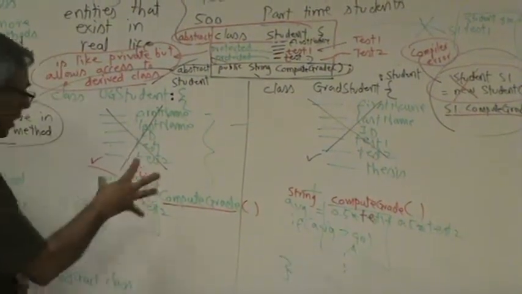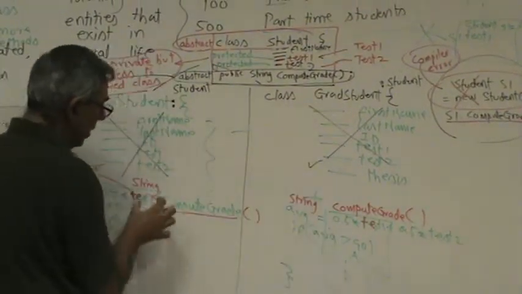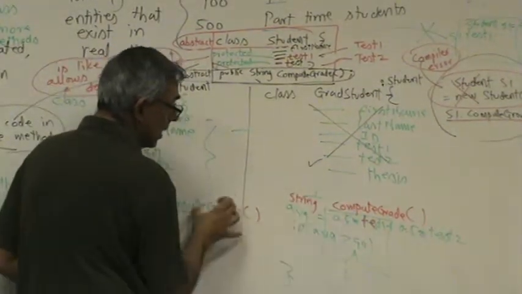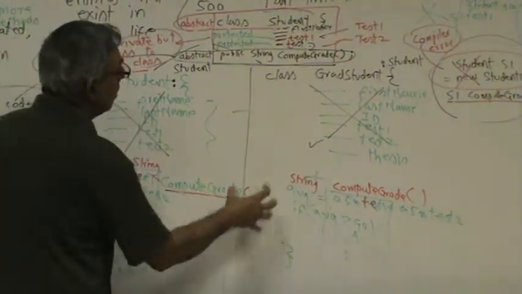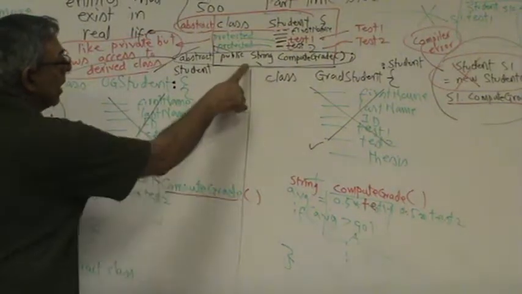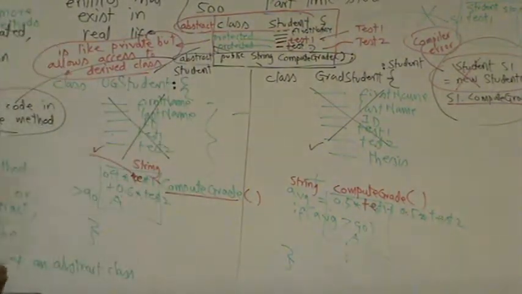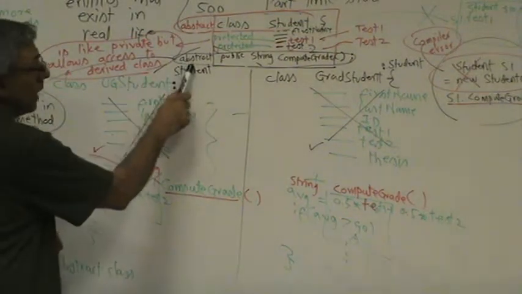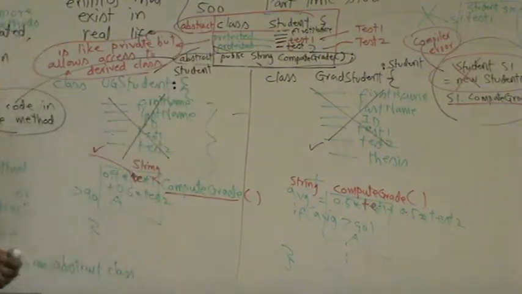But if the code is different, but the signature of the method is the same, then you'll move it to the base class and mark it as abstract. As soon as you mark the method abstract, the whole class has to be marked abstract.